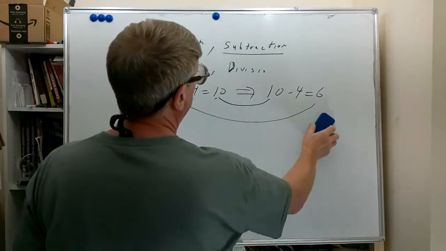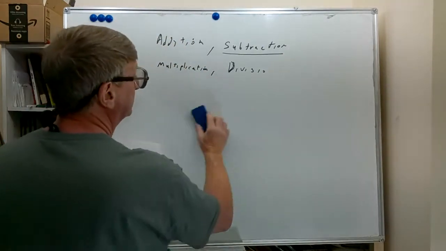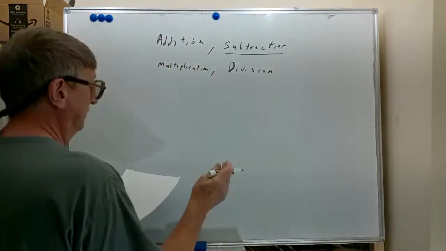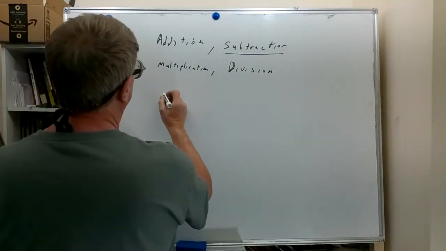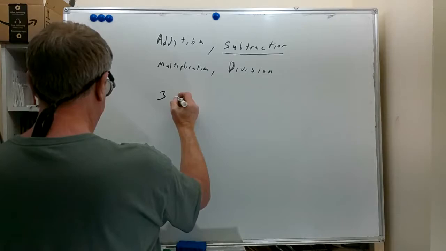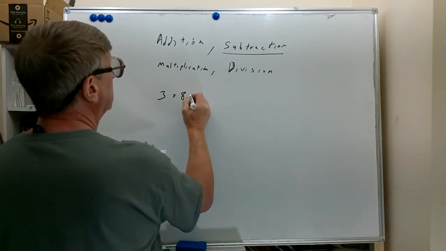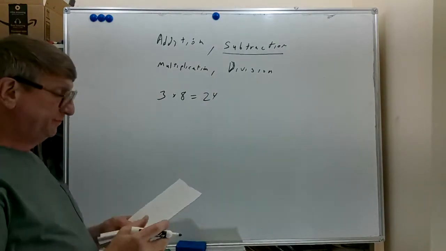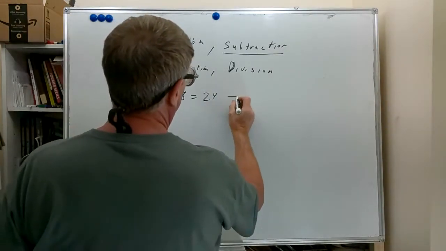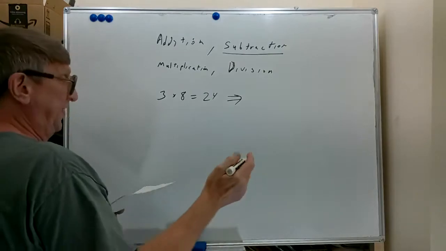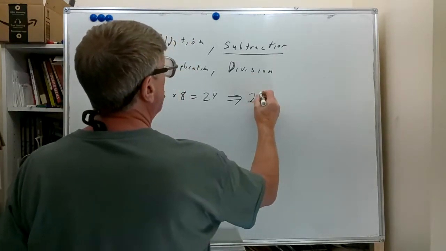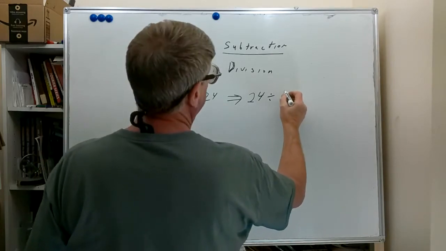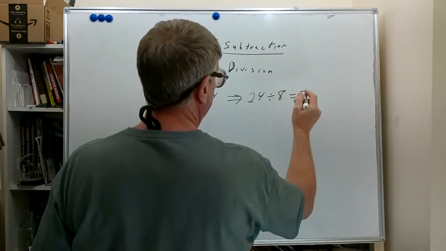And multiplication works pretty similarly. Division undoes multiplication. We have this example: 3 times 8 is equal to 24. And by the same token, 24 divided by 8 equals 3.